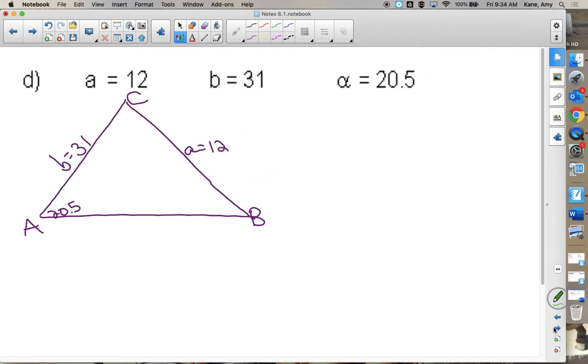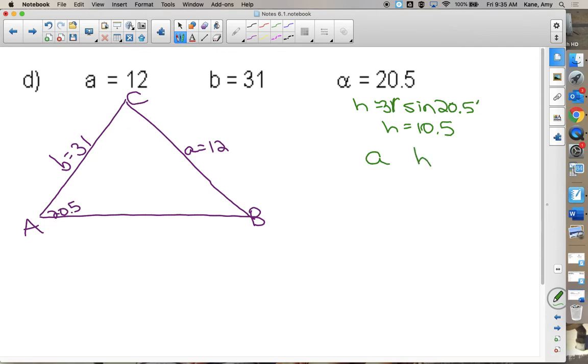The last one, finding the height, because this angle here is 20.5 and that's not obtuse. So taking 31 times the sine of 20.5. Brenton, what did you get for the height of the last one? I got 10.5. So we would compare A with the height first.